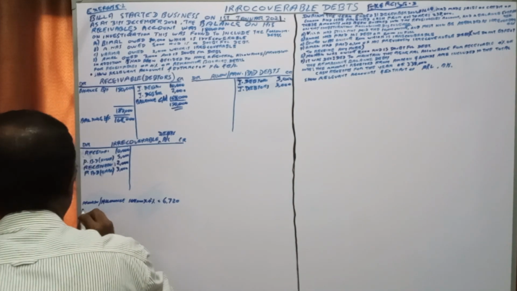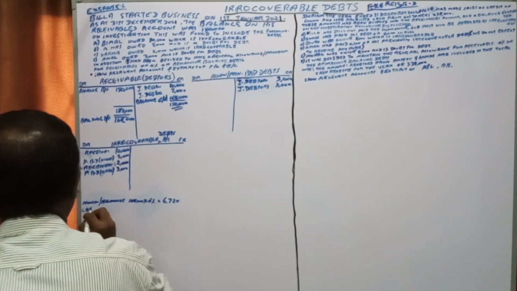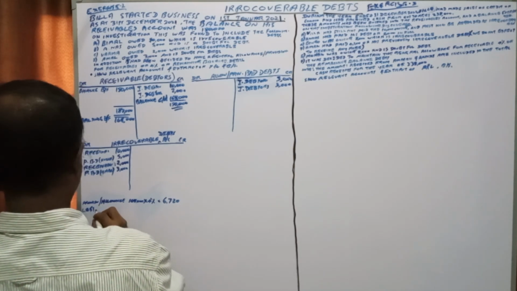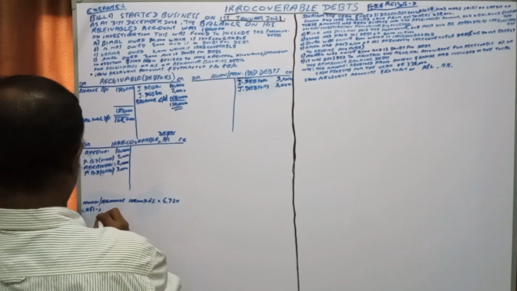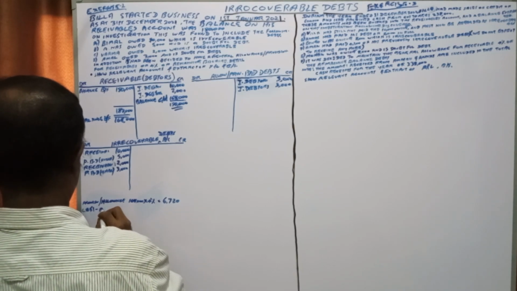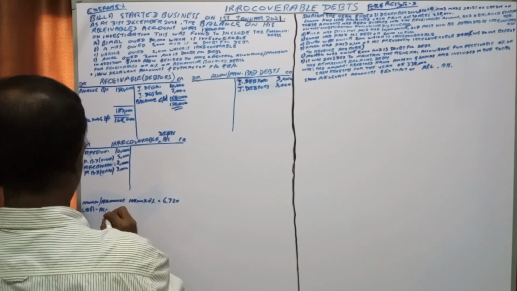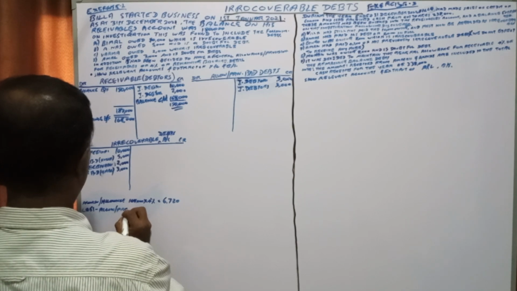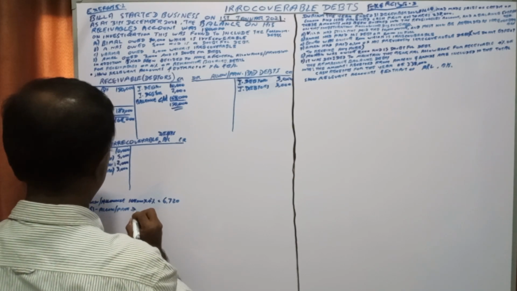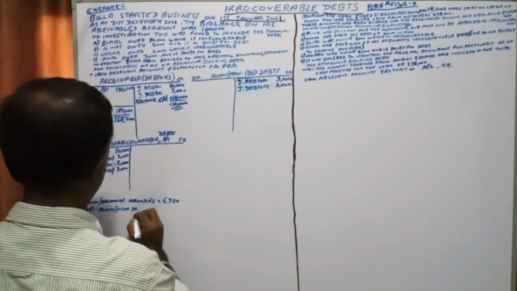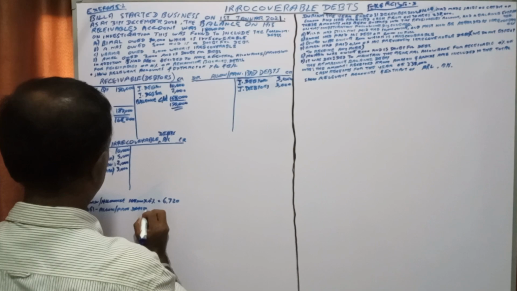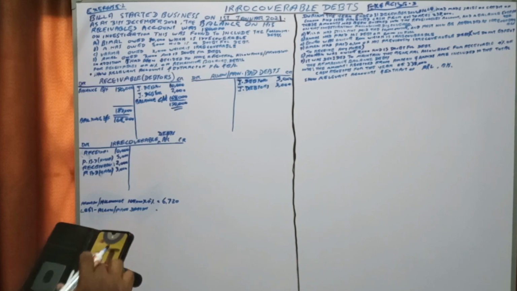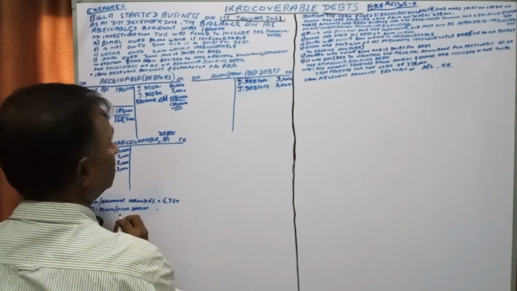So less provision provided, allowance deducted, provisions made, 5,000 plus 3,000.